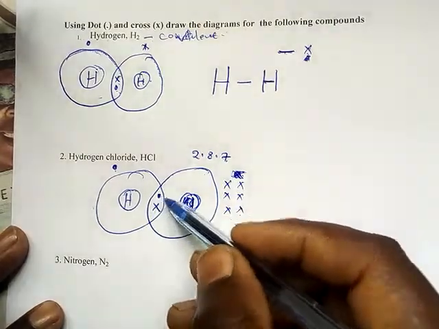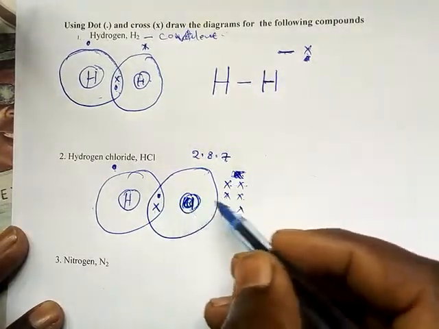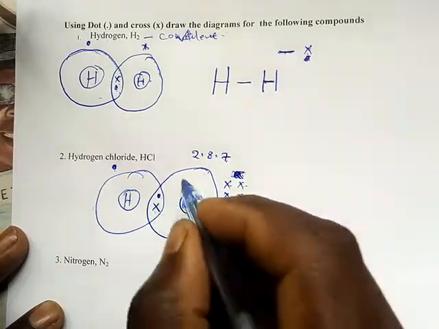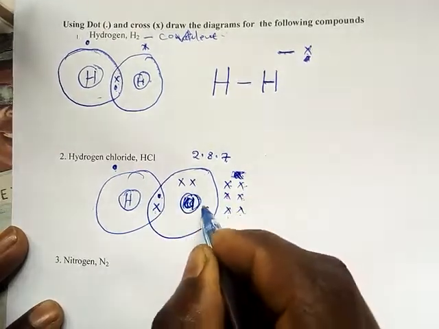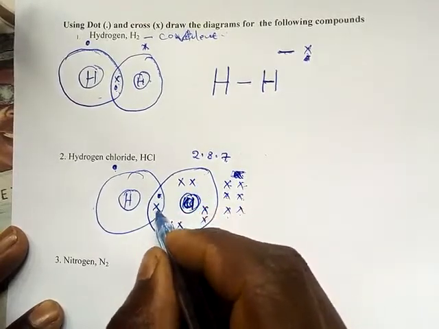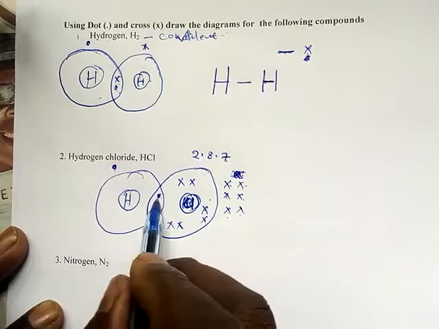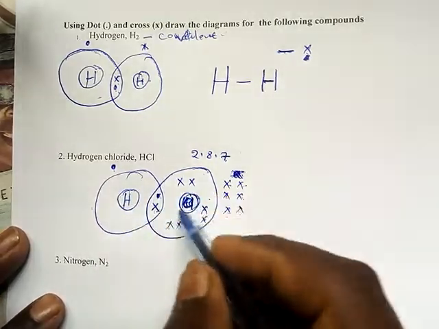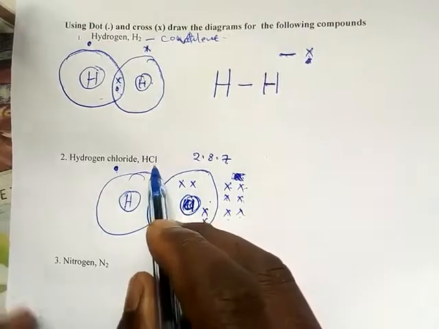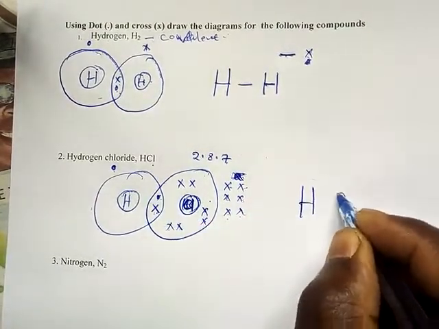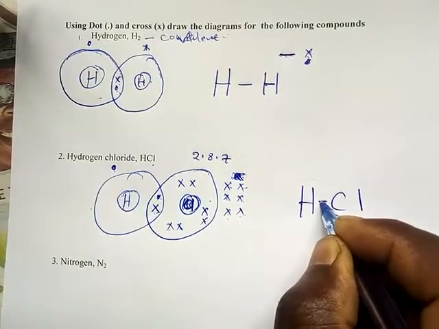Now chlorine has 8 electrons, chlorine is stable, and hydrogen has 2, hydrogen is stable. This is the covalent bonding of hydrogen chloride gas. You can also represent this as H-Cl, with a single dash.